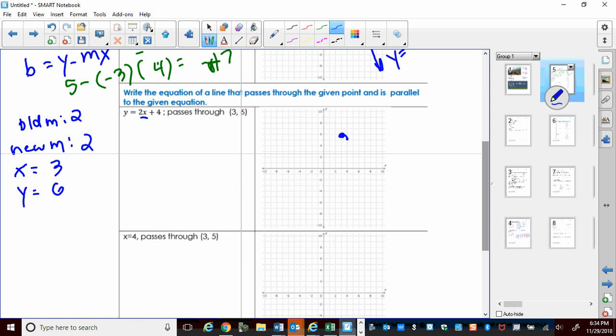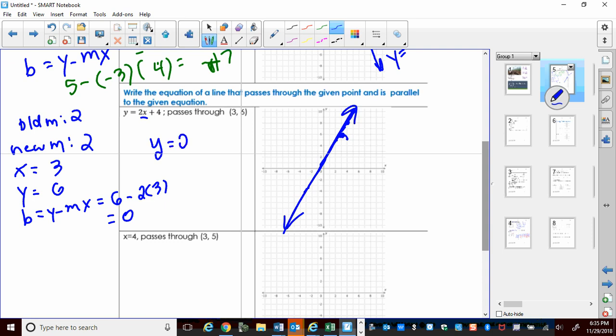And I go right 1, up 2, right 1, up 2, and I make my line. That's the equation. Now, for b equaling y minus mx, this equals 6 minus 2 times 3, or just 0. My equation is y equals 2x. That's my final equation.